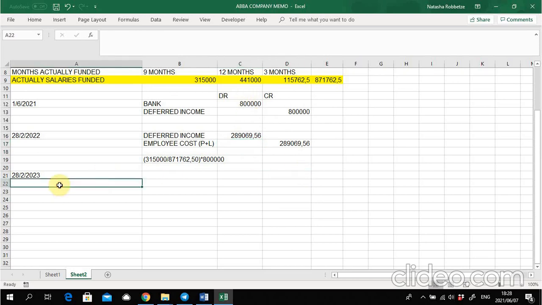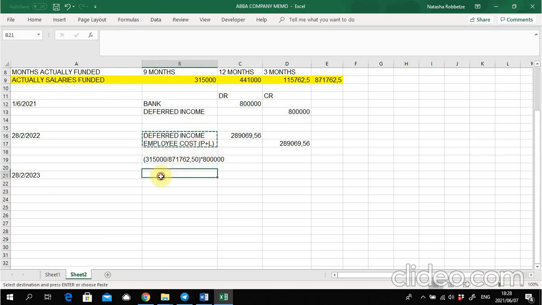Yes. Right. So for the next year, we will have to take a bit out of deferred income and move it to employee cost again. And now I'm going to use my yellow second year weight. So it's going to be 441,000 divided by 871,762.50.